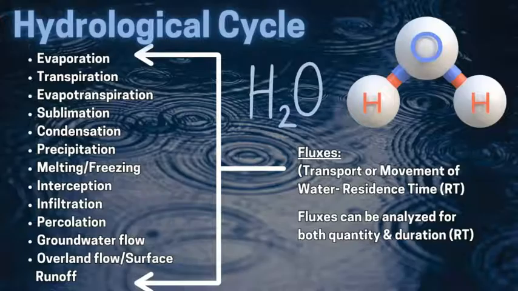So these are included in the fluxes, how water is moved through different states of matter, different amounts, different times between the areas and storage pools and reservoirs, including the oceans across our planet.